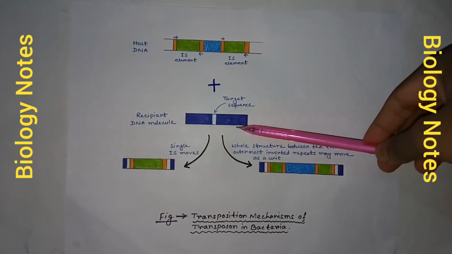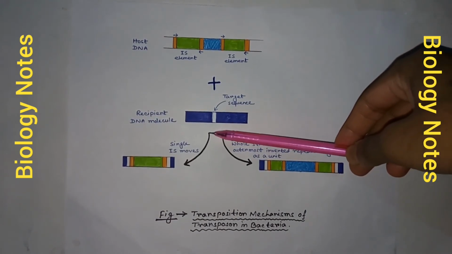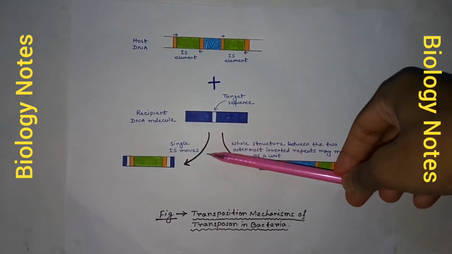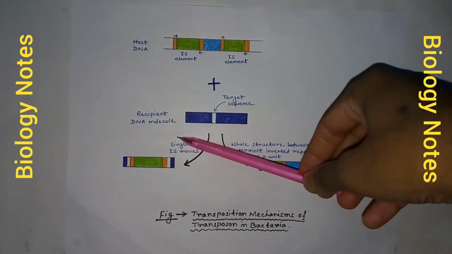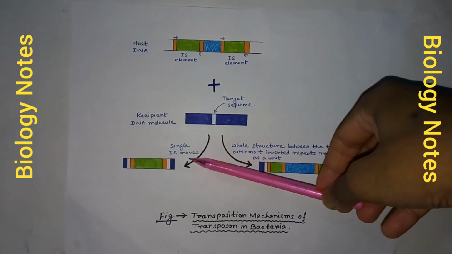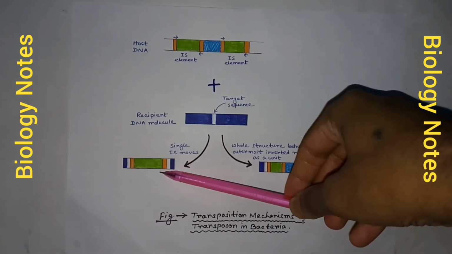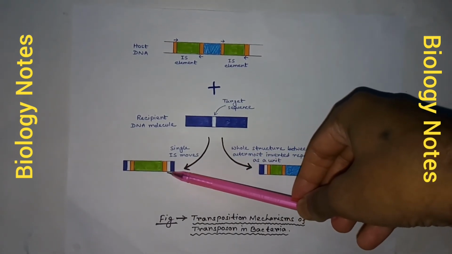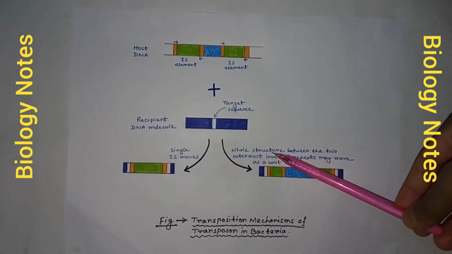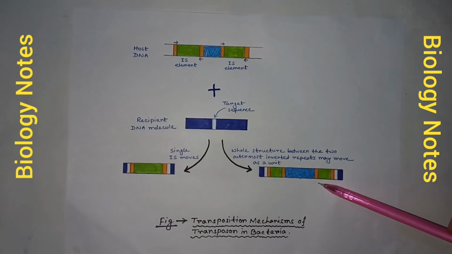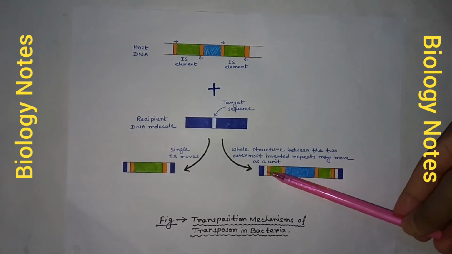Consequently, when transposition occurs, there are several possibilities. First, each of the insertion sequences may move independently. Here, only one IS element is transposed. Or secondly, the whole structure between the two outermost inverted repeats may move as a unit.